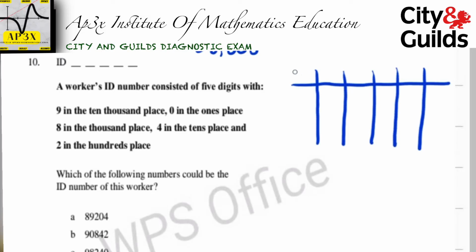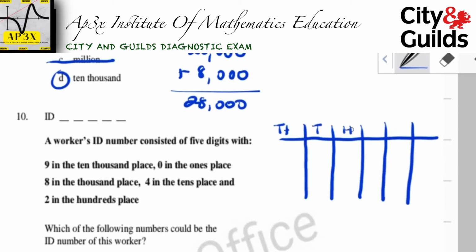You'd have the 10,000s, then the 1,000s, then the hundreds, then the tens, then the units or ones place. And before 10,000 you'd have the 100,000s. So the table is 100,000s, 10,000s, thousands, hundreds, tens, and ones.